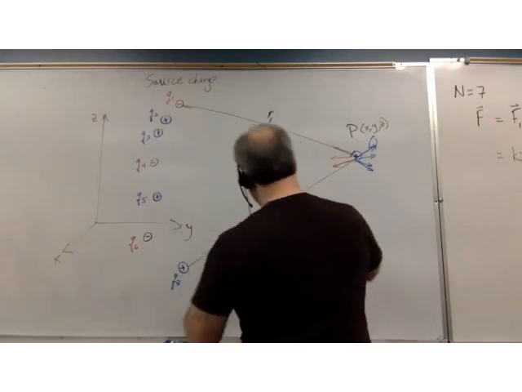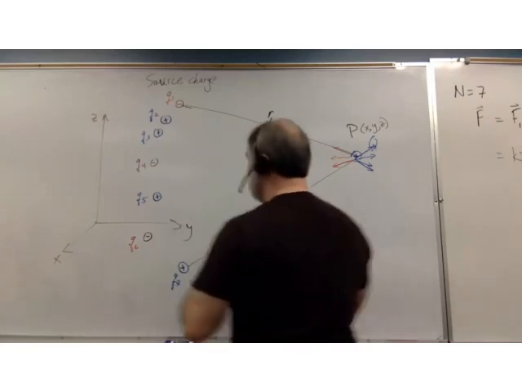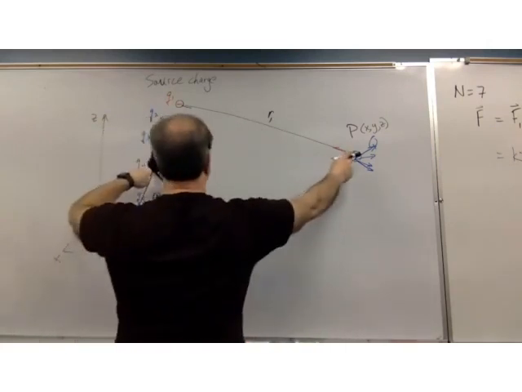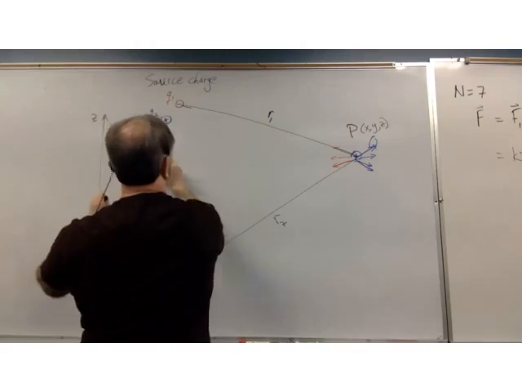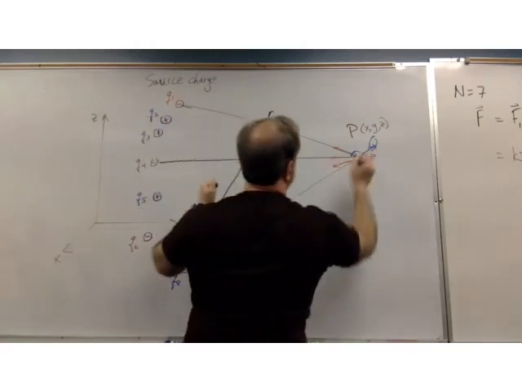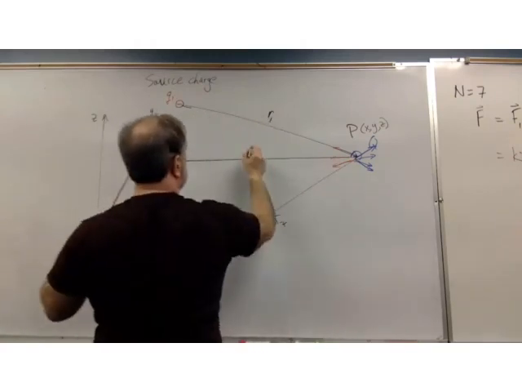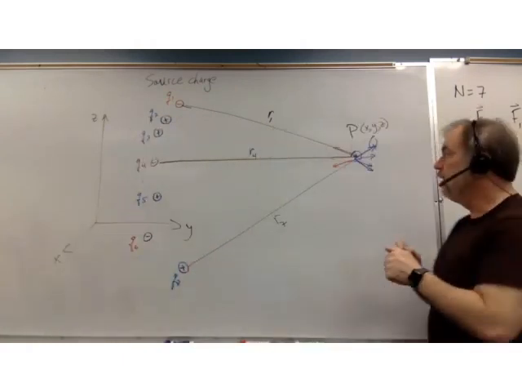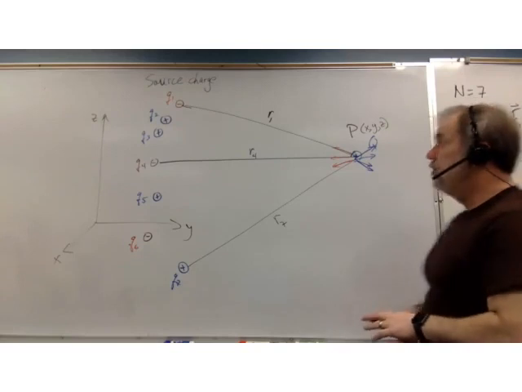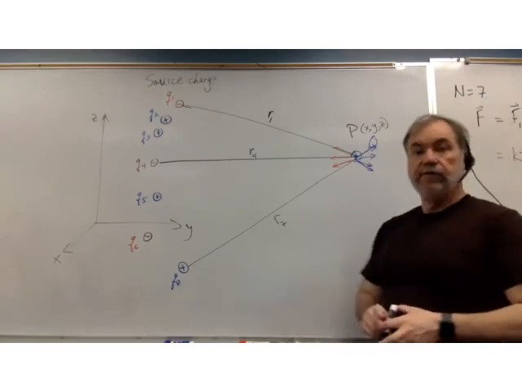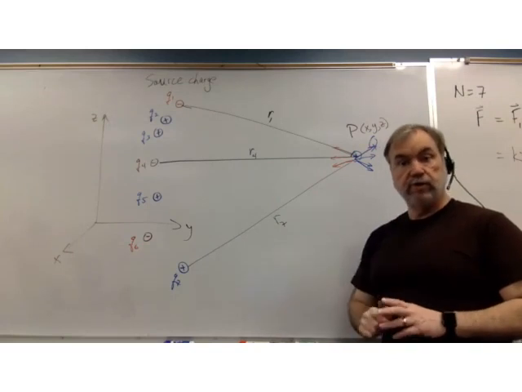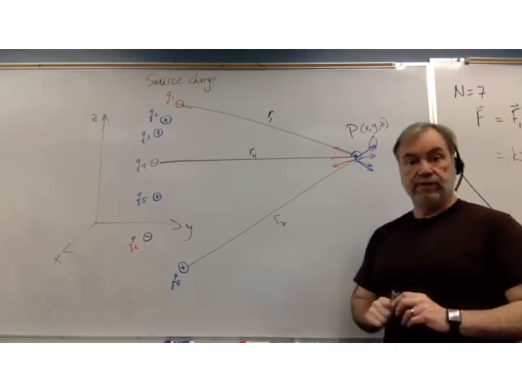Okay, might as well call this one R7. And this one here, from Q4 directly to the charge, call that one R4, and so on. Okay, all of them labeled in that way. So the R1, R2, R3, those are all simply distances from the source charge in question to the test charge.